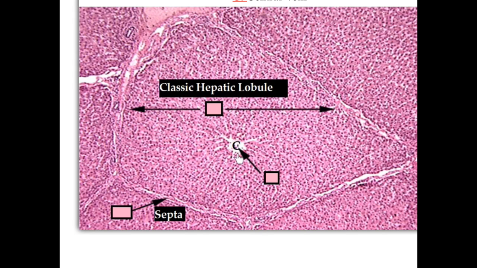So we have the central vein, we have the boundaries of the classic hepatic lobule, and this is the connective tissue septa, which is well developed in the liver of pig, ill developed in the normal human liver, but in case of fibrosis or cirrhosis, these septa will be well demarcated.